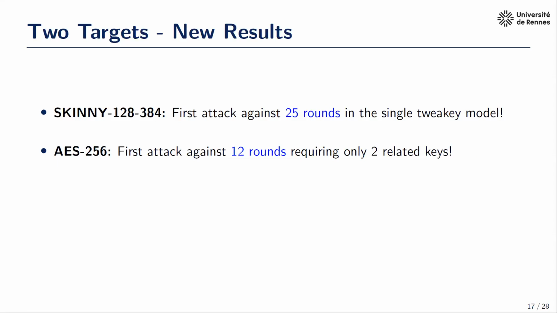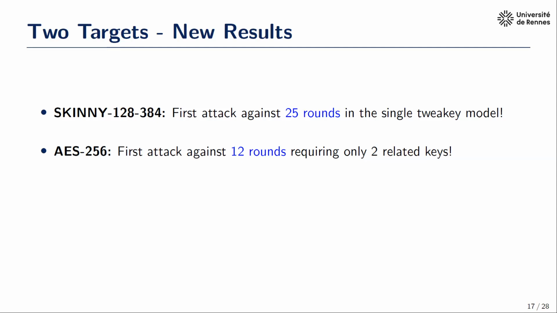We applied this new cryptanalysis technique against two ciphers, Skinny and AES. For both those ciphers, we obtained new results against the largest version of each. First, for Skinny-128-384, we obtained the first attack against 25 rounds in the single key model, which is 2 more rounds than the previous best attack.